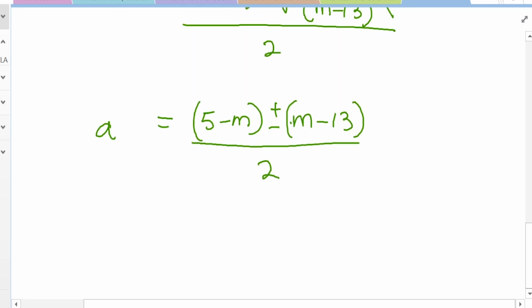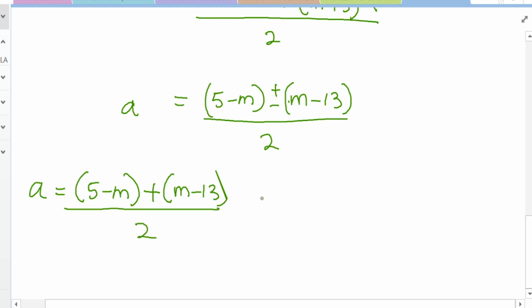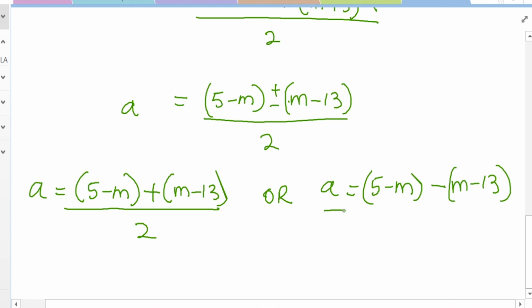From here, we shall break these two solutions down. We shall say either a is equal to 5 minus m plus m minus 13, divided by 2, or the value of a is 5 minus m minus m minus 13, divided by 2, like that. So what do we have?